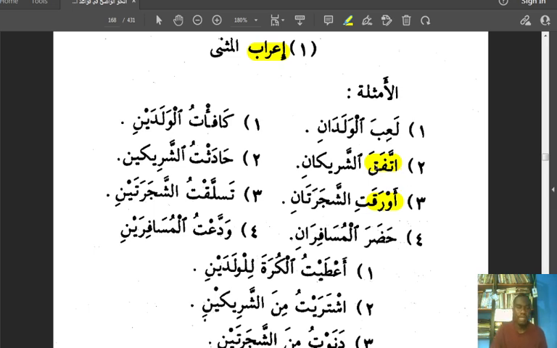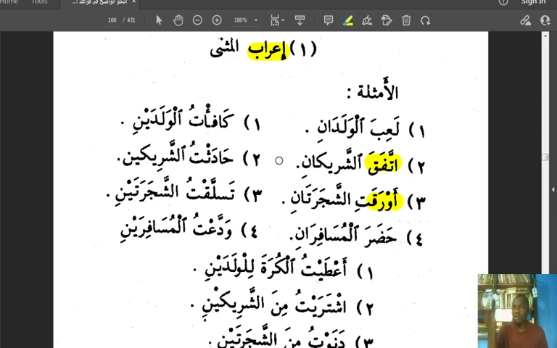La'iba, who played. Ittafaqa, who agreed. Awraqa, what bore the leaves. Hadara, who came. So all the nouns here are the doers in their sentences. Now let's look at their ending. When you are creating a dual noun, you add either alif and nun or yai and nun to create the dual.